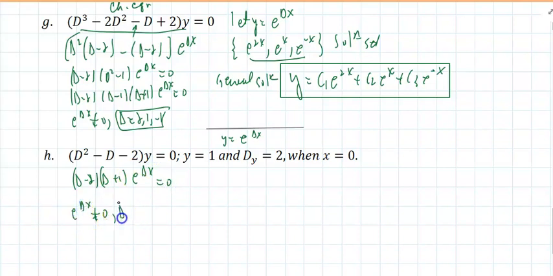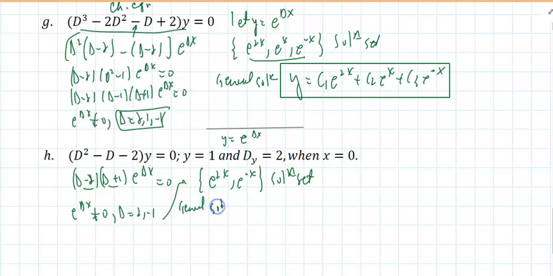So it must be that d equal 2 or negative 1. So the solution set is e to the 2x, e to the negative x. This has a different name; we'll talk about it later. And the general solution is y equals c1 e to the 2x plus c2 e to the negative x. That is my general solution.